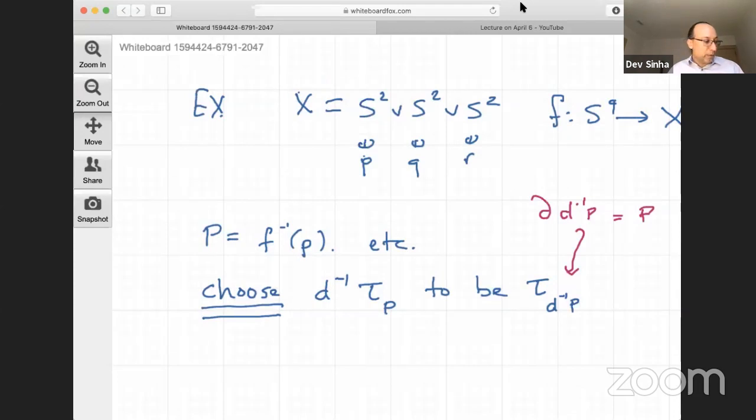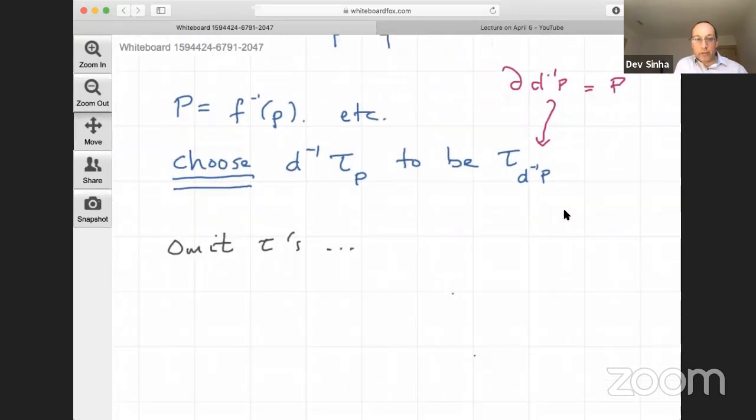So we'll do it that way. And I'm also going to omit all taus. So that's just going to save us a little space in drawing.